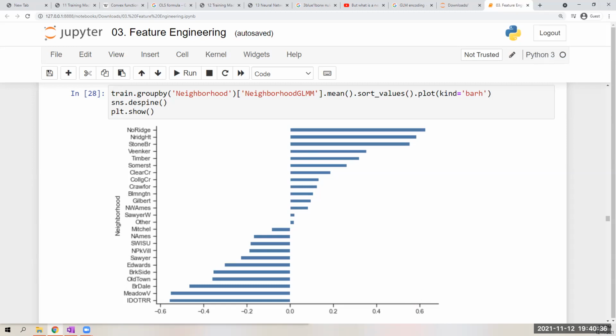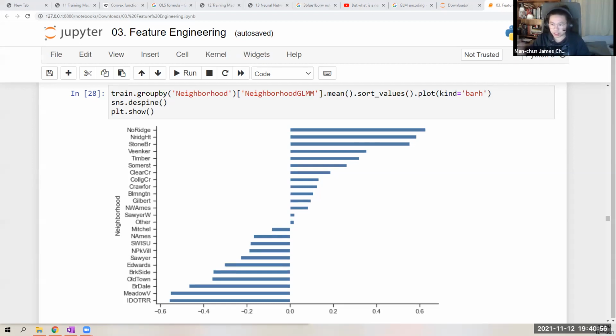So it means if you are NoRidge, you are 0.6 higher than the average price. I wouldn't say that is quite true for GLMM.